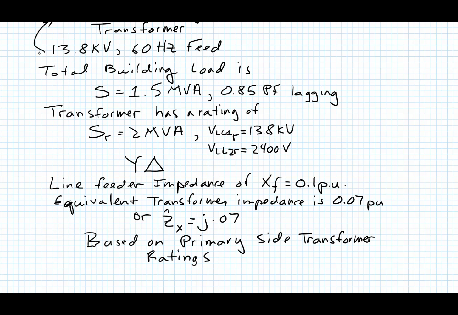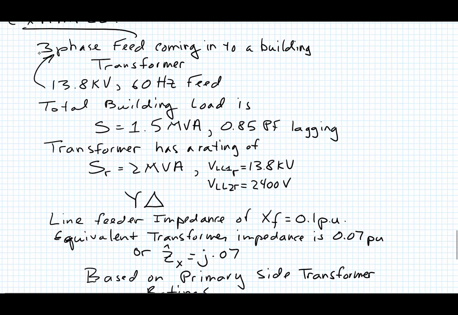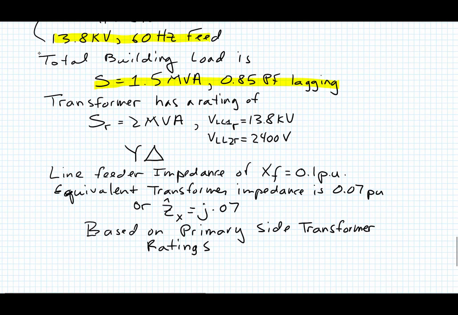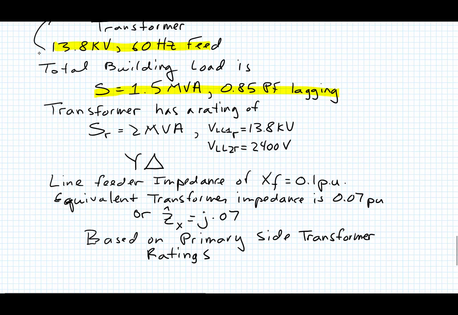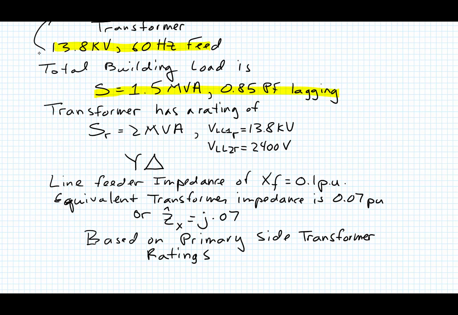Okay, so we've got this information. Got a three-phase feeder coming in from the utility to feed a load with this total power. We should probably say that this load is at the secondary of the transformer, of the rooftop transformer.